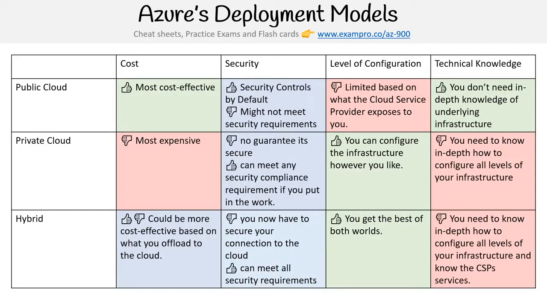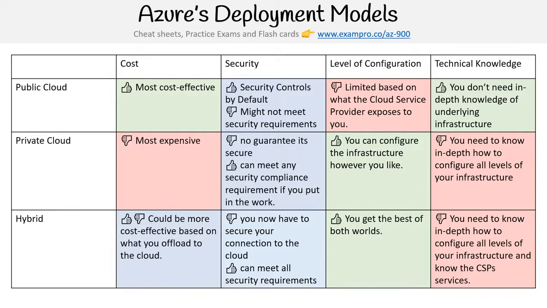And if we wanted to understand the pros and cons, I have this nice little table here, and we'll just quickly go through it. If you're using public cloud, it's more cost effective. Its security controls are stronger by default, but some people might not find the cloud will meet all their security requirements because of government and regulatory reasons, not because the cloud is not secure, but just those policies.